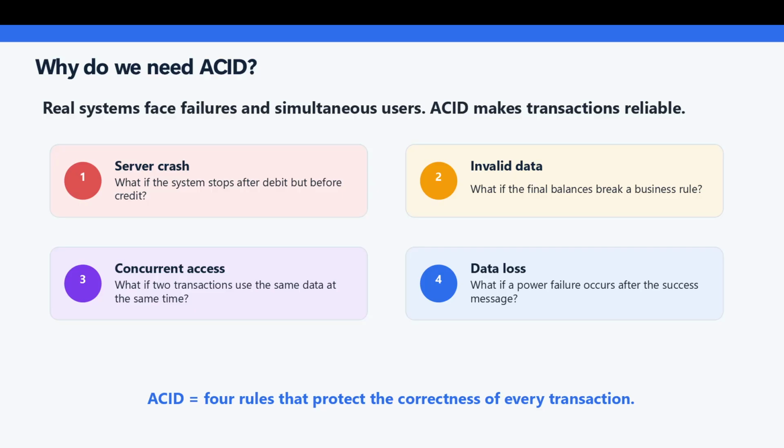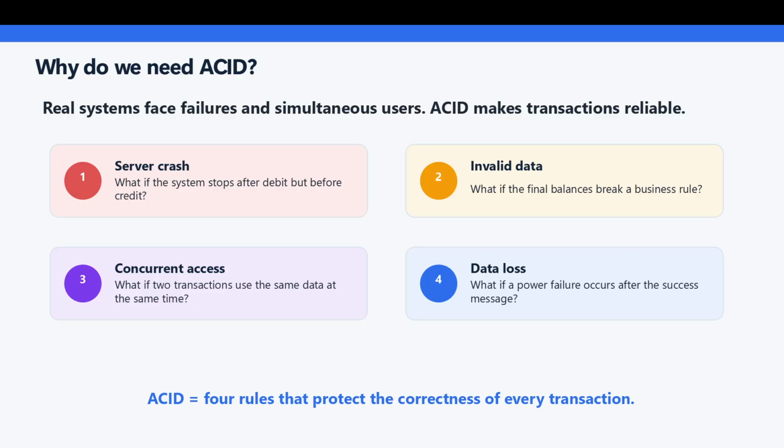One more problem is data loss. Suppose the database displays a success message and immediately after that there is a power failure. When the system restarts, the completed transaction should still be available. So ACID properties protect the database from server crashes, invalid data, simultaneous transactions, and any unexpected failure.